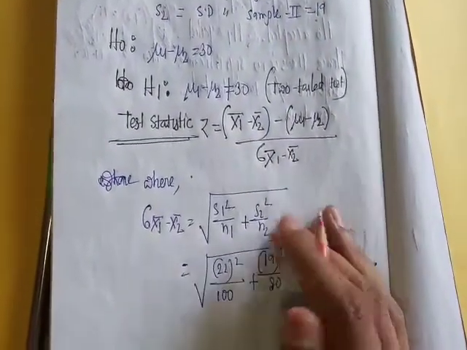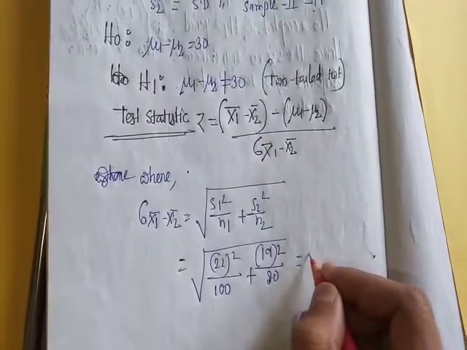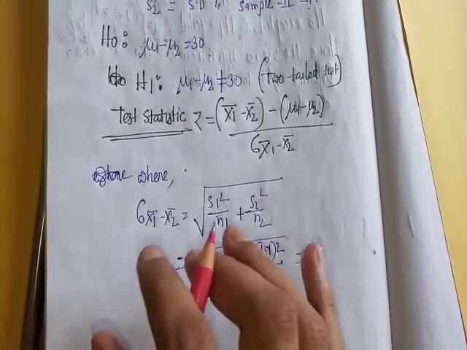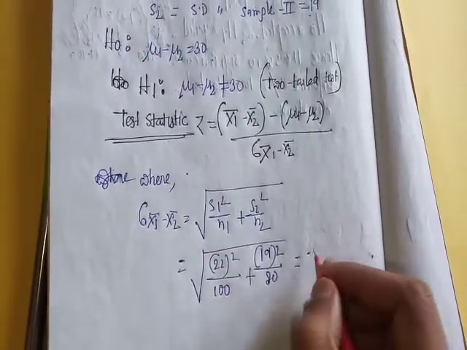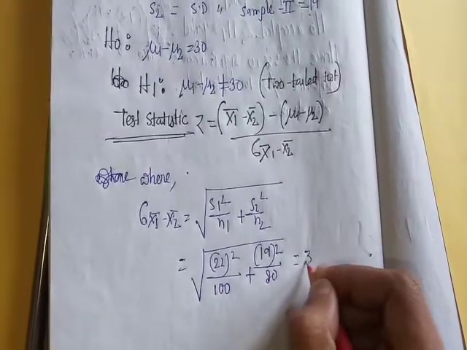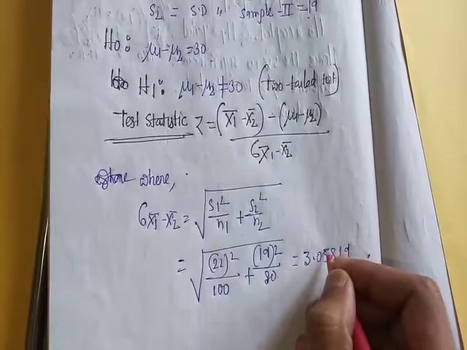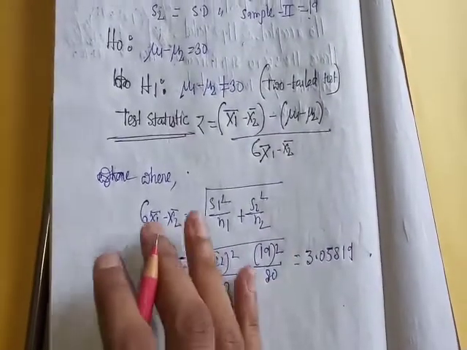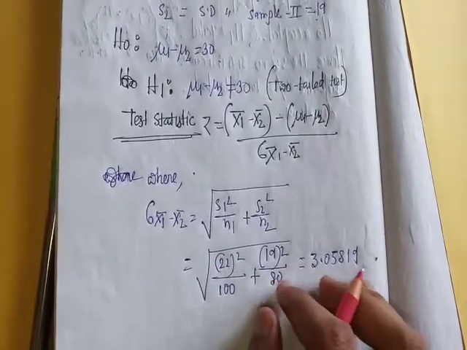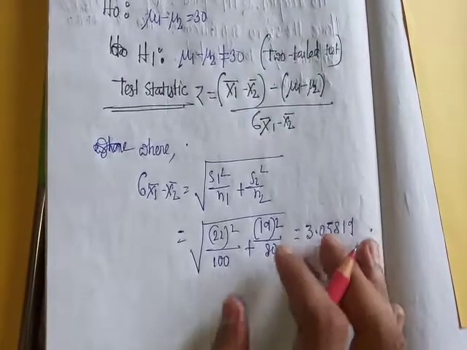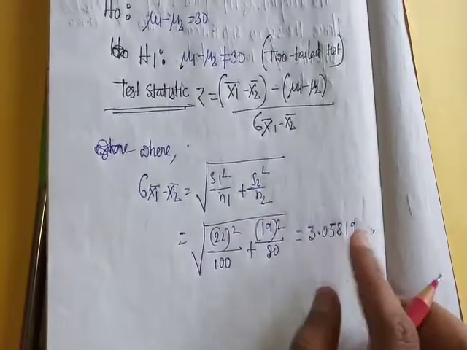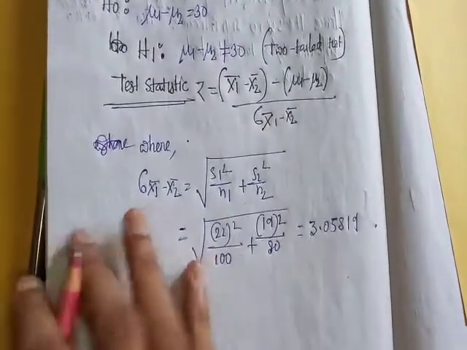After calculations we get the value of standard error of difference of two sample means, sigma x1 bar minus x2 bar, equal to 3.05819.